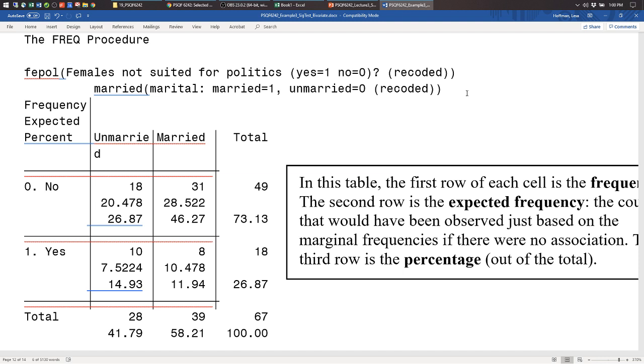So this is the expected count. So there's actually 18 people who fall into this category. The model thinks there should be 20. Likewise, there's actually 31 people who fall into this category. The model thinks there should be 28. So it looks like there are slightly more people who are unmarried and think that women in politics is okay.